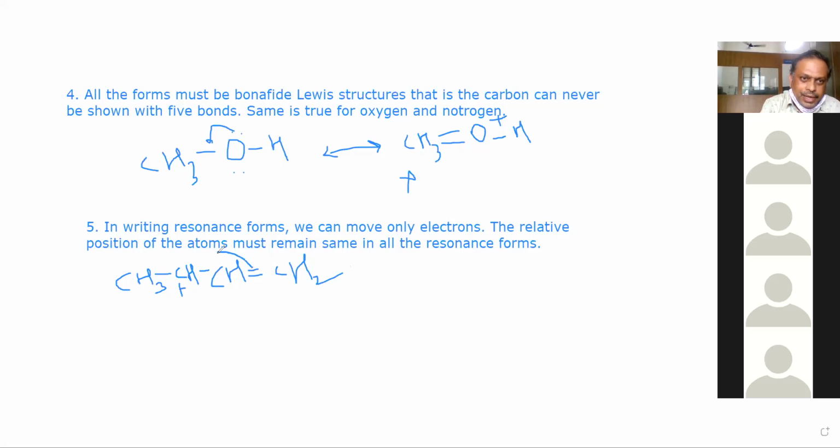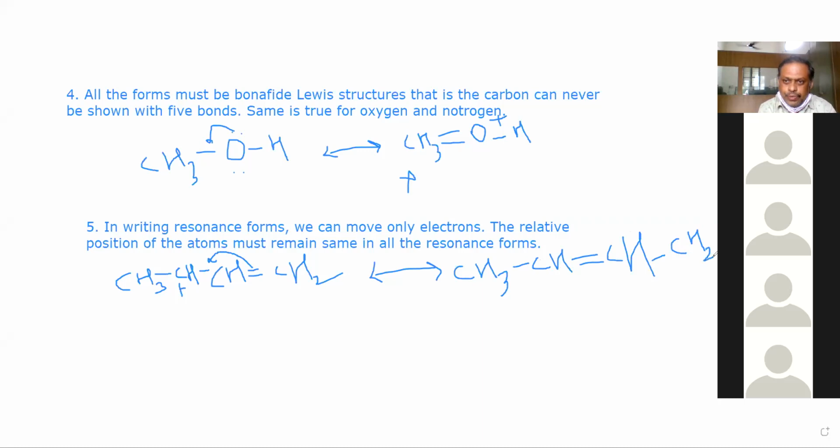We shift here pi electrons and we form CH3 CH double bond CH double bond CH and CH2 plus.